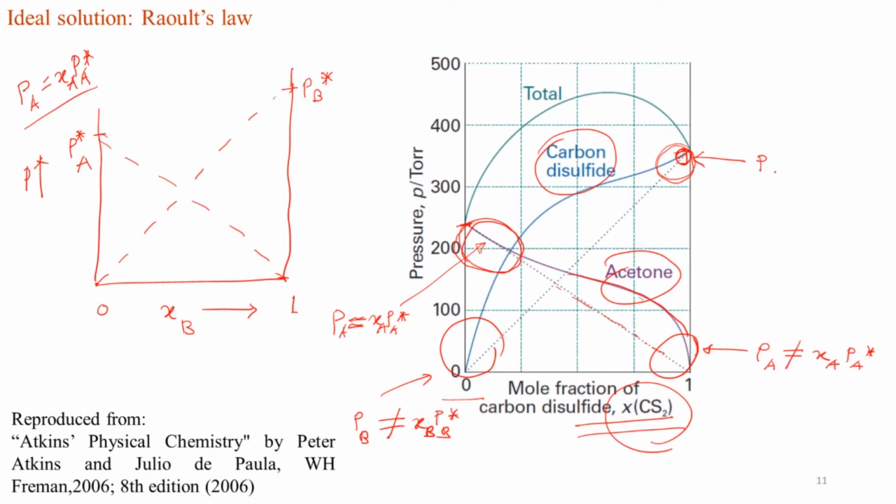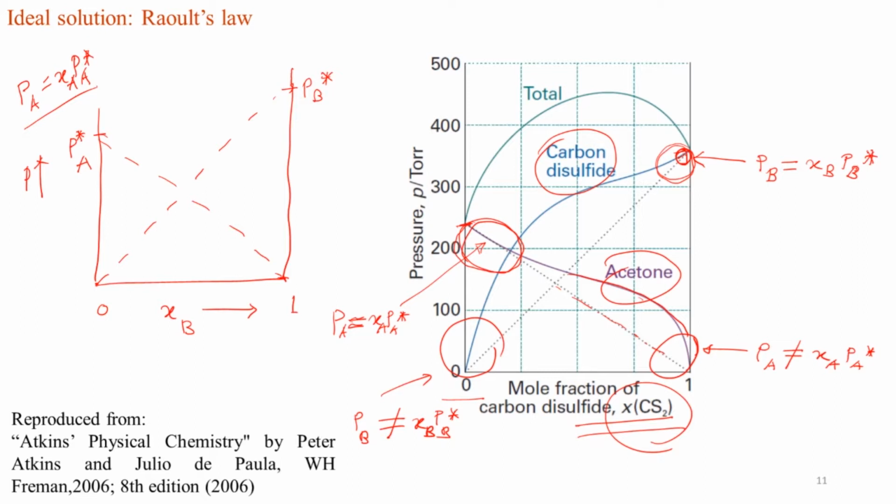However, with respect to B, when B is in large excess, you can actually write XB into PB star. So Henry's law very cleverly poses this entire situation, defining the solute and the solvent in a very different way, and says that we have to consider only the dilute solution.